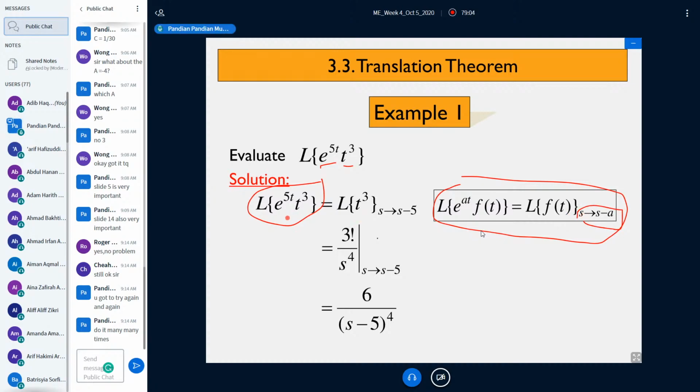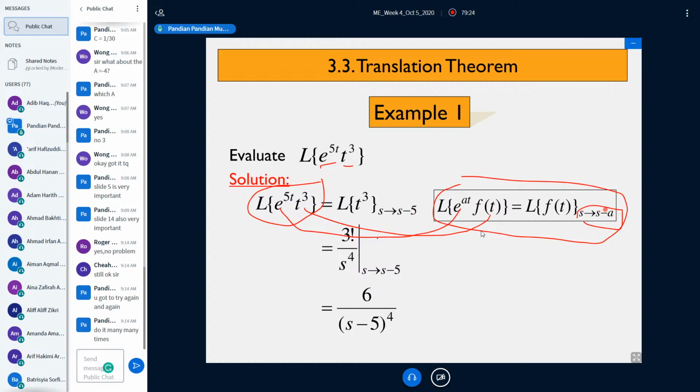So here, this one matches with this. Your a is 5, and your f(t) is t^3. So this equals Laplace of t^3, but your s is s minus 5 because your a is 5.